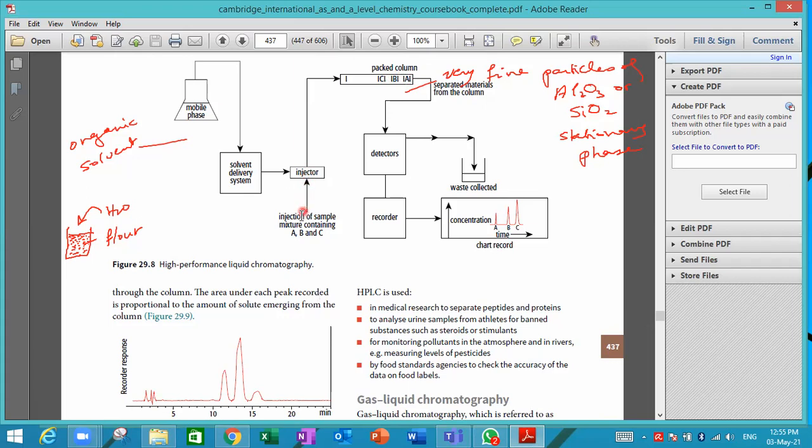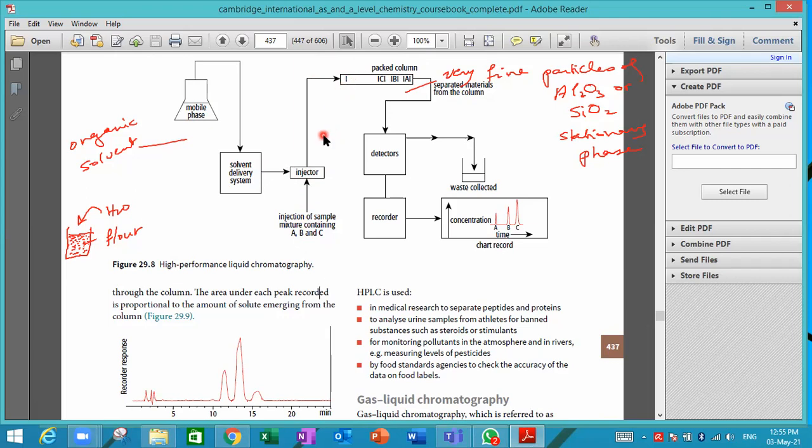Can you draw it? Here. This is our sample. This is a container that we call the injector. So we inject our sample containing the 3 components here, and in that place, it is mixed with our mobile phase, to move them together through the column. Oh, okay, fine.